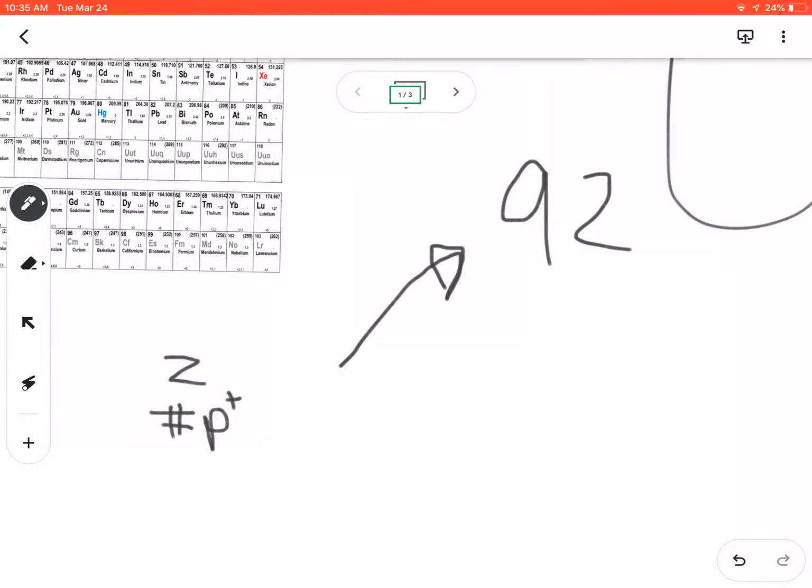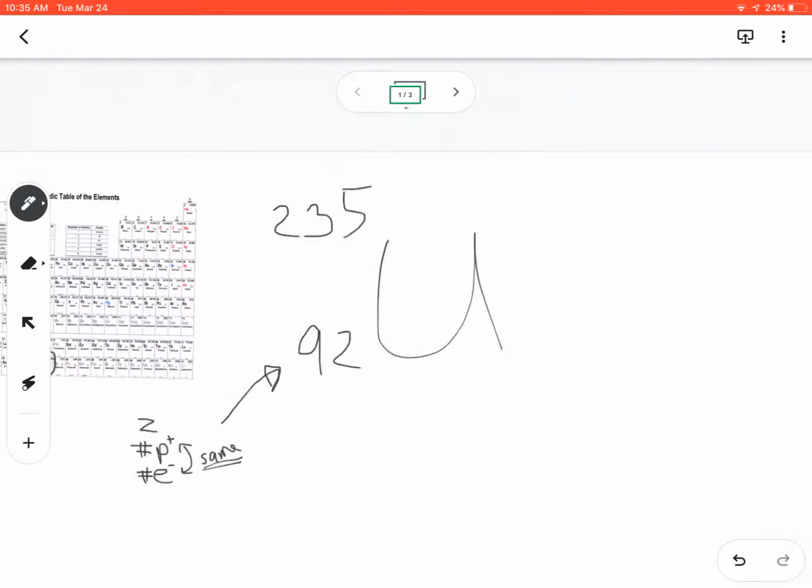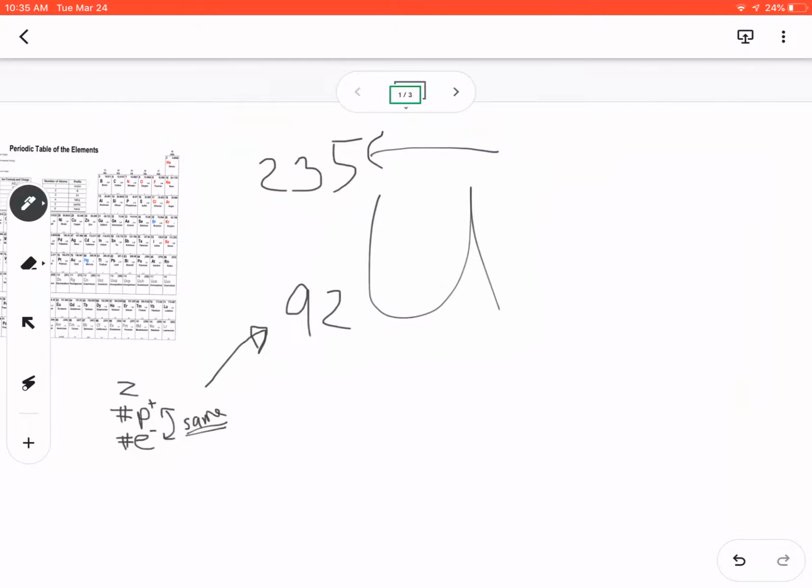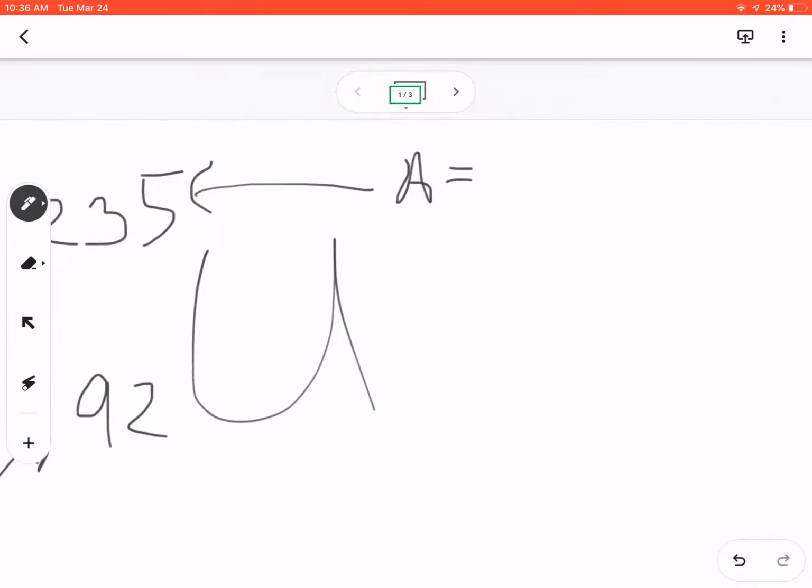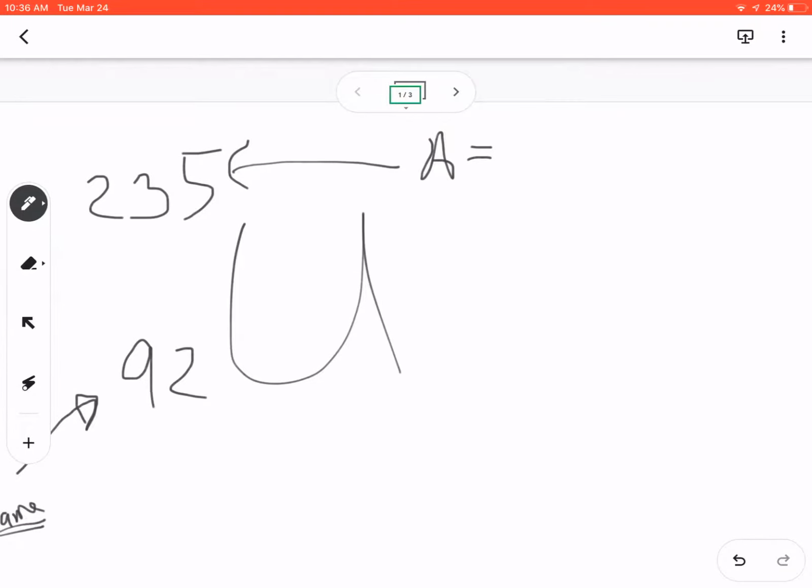It actually also tells us the number of electrons, because remember, they're the same for a neutral atom. They have to cancel out the positive and negative charges so that we have a neutral atom. Up here, we've got that mass number called A. There's a funny reason why they called it A. I'm not sure exactly why, but that's okay.